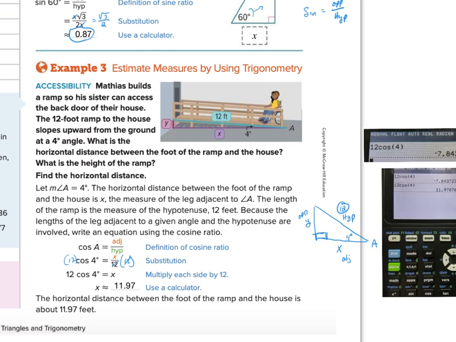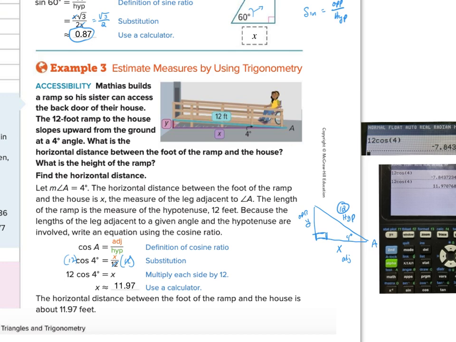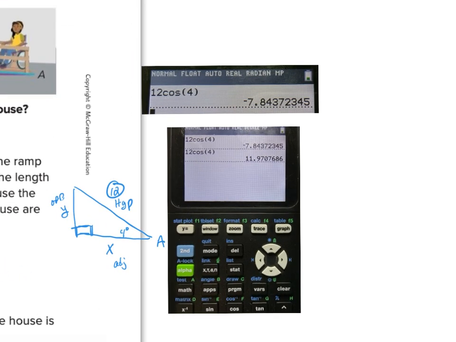When I put that into the calculator, these are things we need to make sure we understand. I typed in 12 cosine of 4 degrees, so I just used 12 cosine and in the parentheses put a 4.